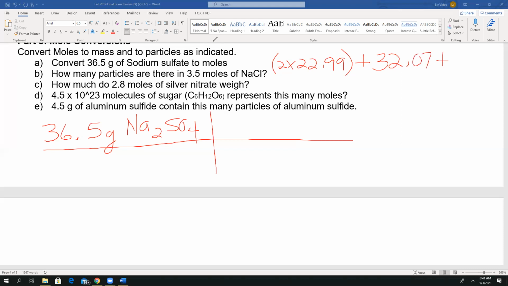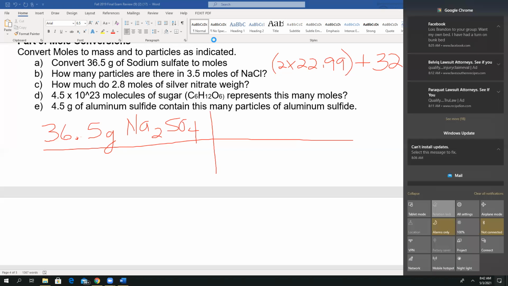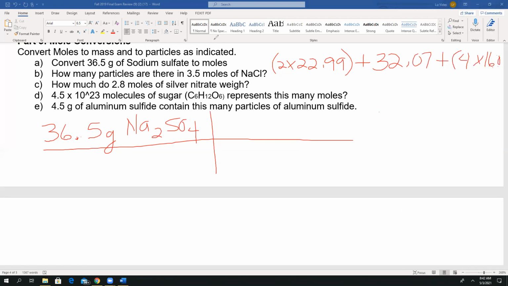Plus, we're gonna have 4 oxygens at 16 apiece, right? Okay, and I would put 0, 0, but I think I don't fit. Oh, actually I do, never mind. Let me erase that part then, because I do fit. 2 zeros, there we go. That's supposed to be 16.